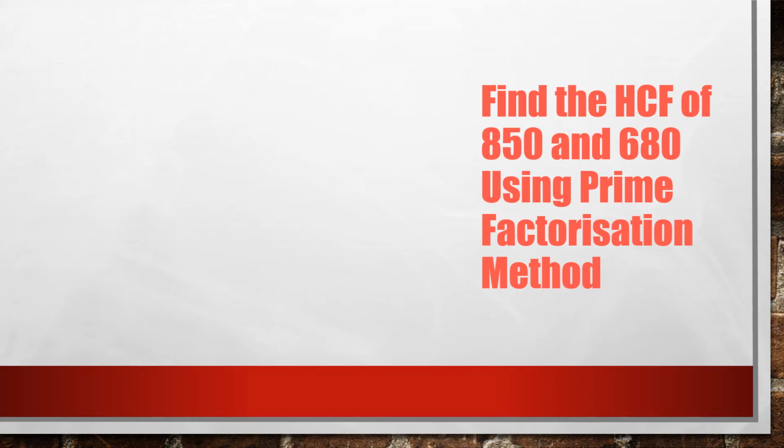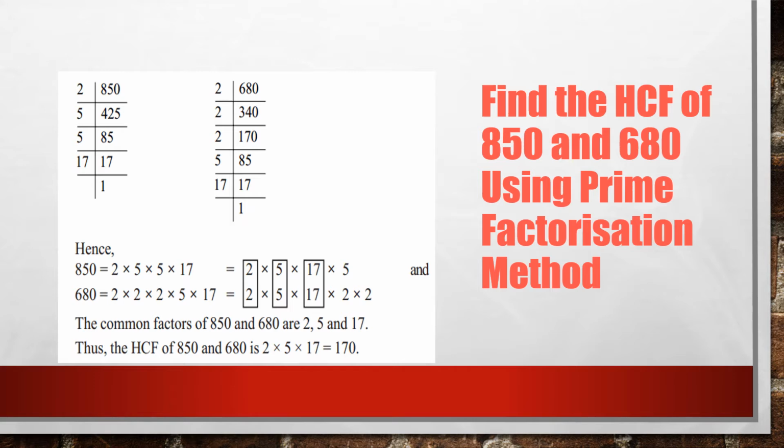Let us find the HCF of 850 and 680 using the prime factorization method. First, we go for the prime factorization of 850 and 680. 850 equals 2 into 5 into 5 into 17. 680 equals 2 into 2 into 2 into 5 into 17.